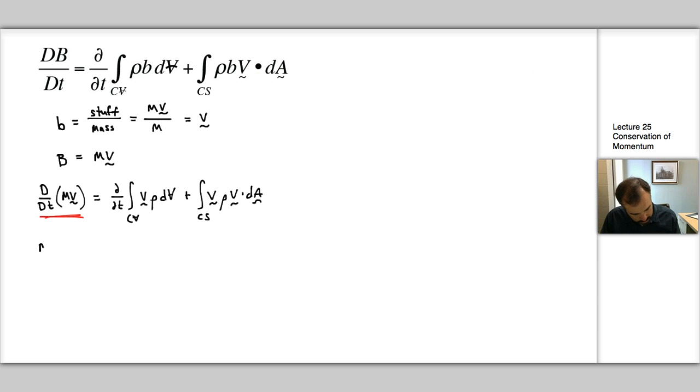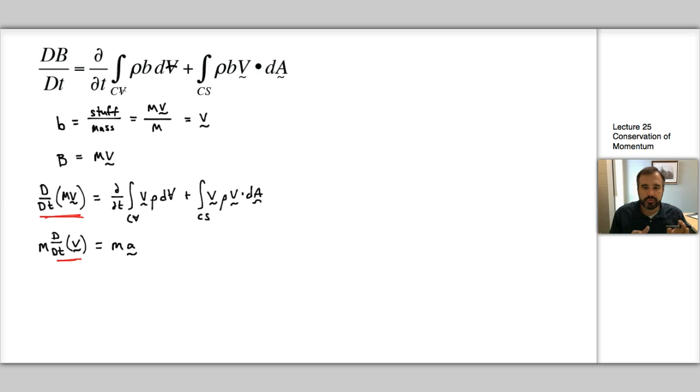We get m d over dt of v, and this term, the total derivative of the velocity, is the acceleration. So we can replace this whole term with the acceleration vector, which gives us the mass times the acceleration vector.